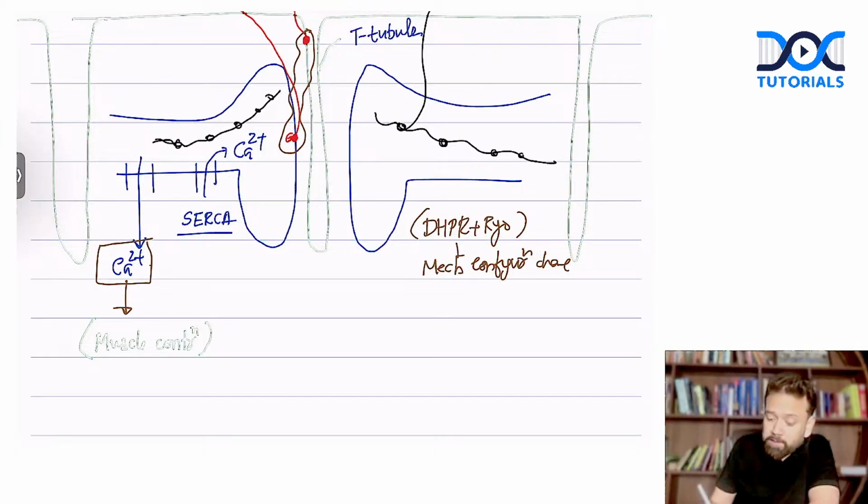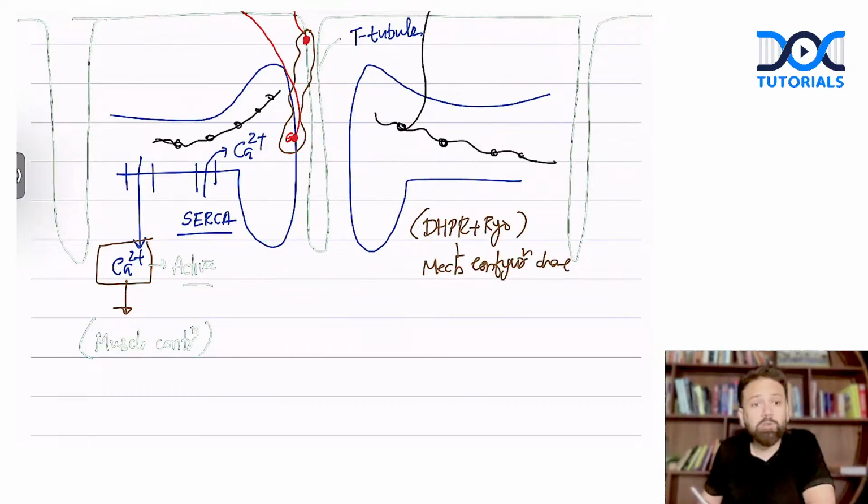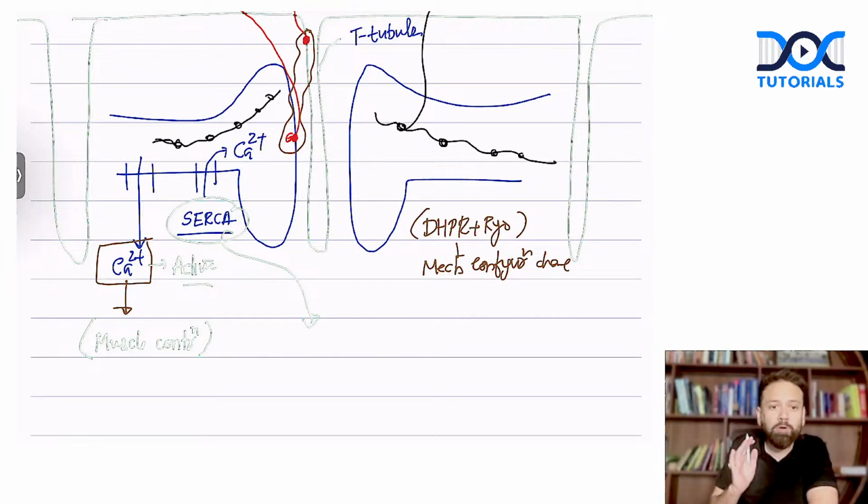So release of calcium is an active process. So contraction is an active process. What about relaxation? I have seen that most of the students say, sir, relaxation is a passive process. Contraction is active, relaxation passive. No, no, my dear students, relaxation is also an active process.